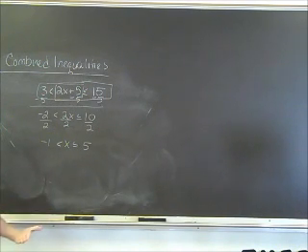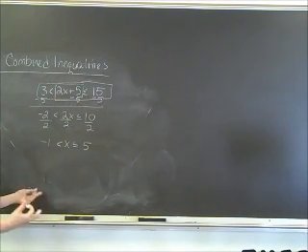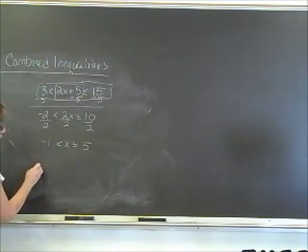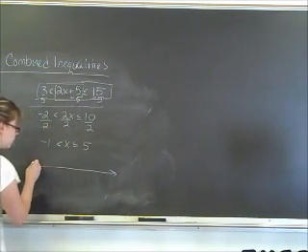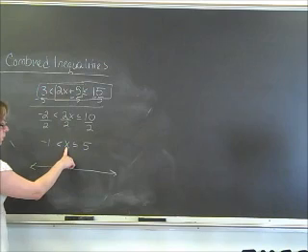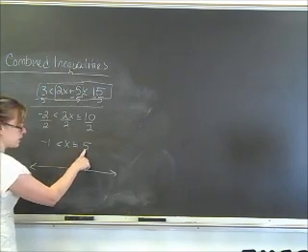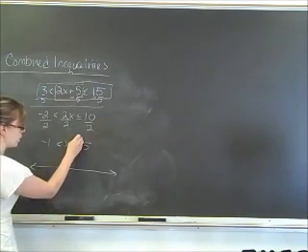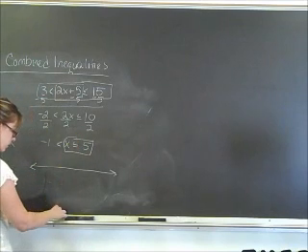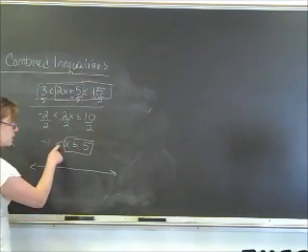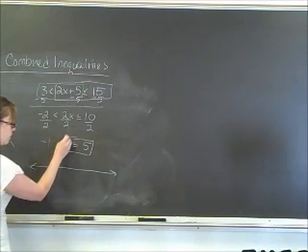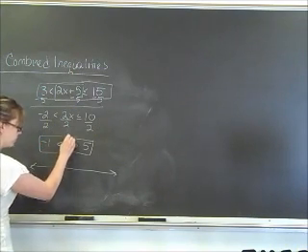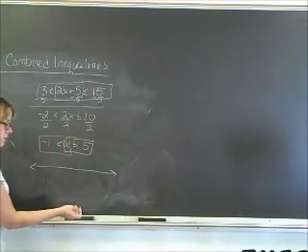Now, although I'm not requiring you to do the number line to graph these, you may want to look at the number line just to get an idea of what's happening here. This reads that x is less than or equal to 5, so that's the part I'm going to color in red. But it also says that x is greater than negative 1. So let's take the two of those together.